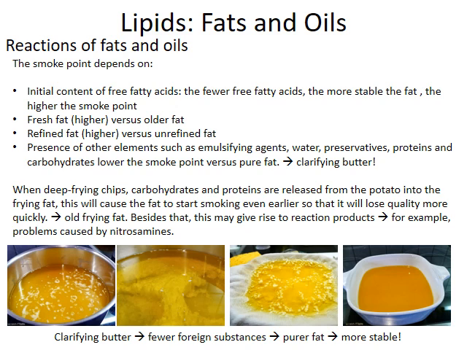Fresh fat has a higher smoke point than old fat, because old fat has already degraded for some time. Refined fat, so very pure fat, has a higher smoke point than unrefined fat. And the presence of other components in the fat decrease, in fact, the smoke point.